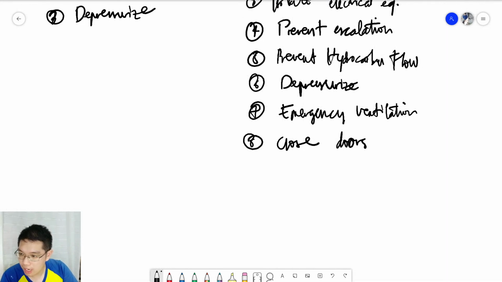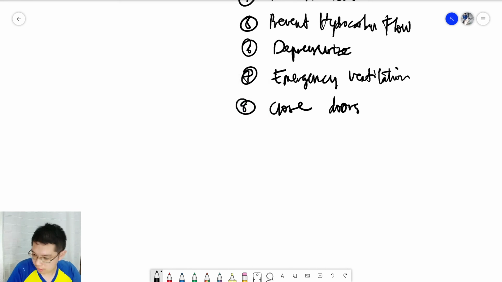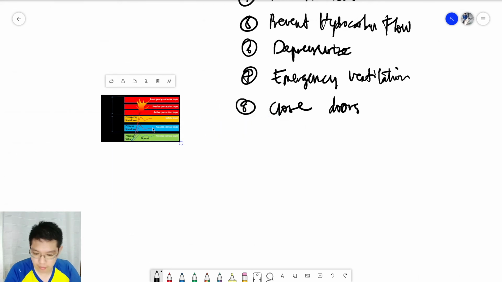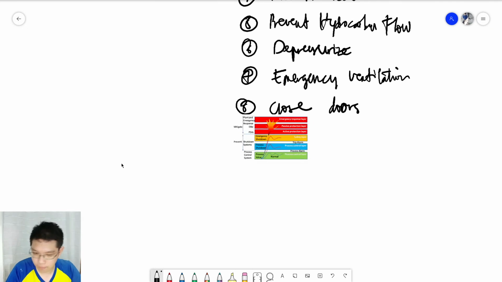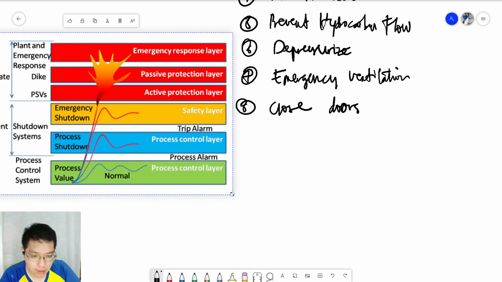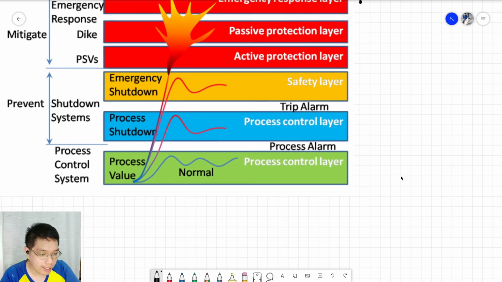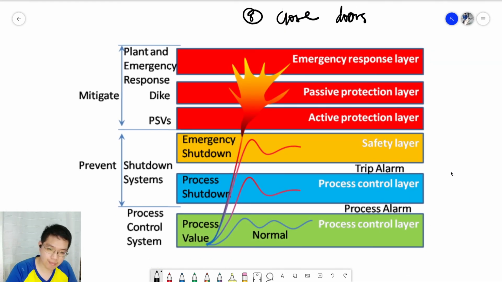In order to summarize everything, here is a handy infographic. Okay, so this graphic here can clearly differentiate between process shutdown systems and emergency shutdown systems.